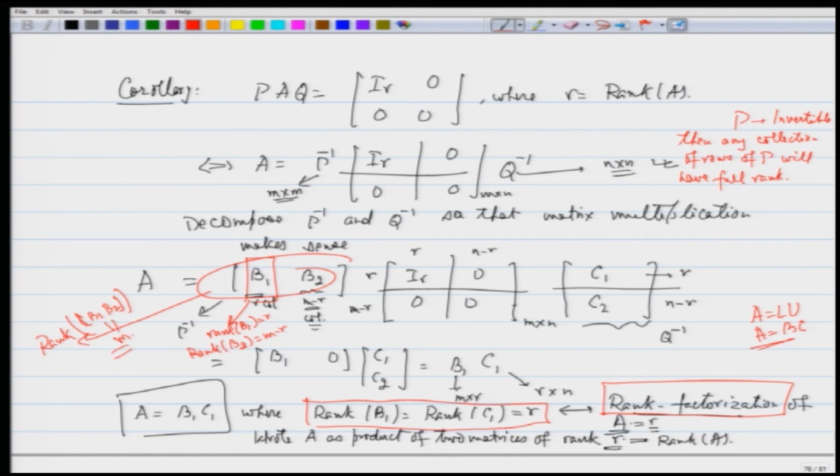So, it means that every row has a pivot, every column has a pivot. Is that okay? Because the rank is M, every row, every column has a pivot. Similarly, Q inverse is invertible. Therefore, all the rows have pivots.